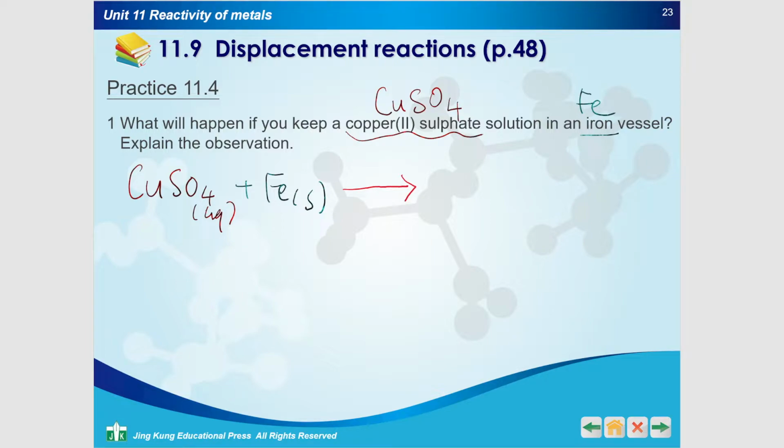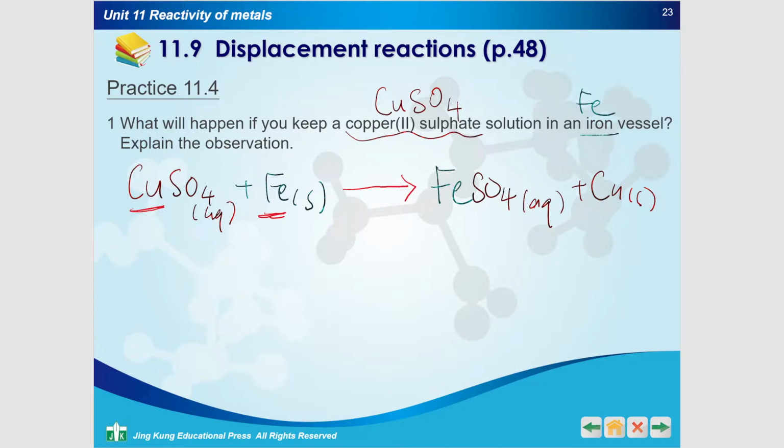Or I could just say it's more reactive than copper. So it will undergo a displacement reaction, taking the sulfate ion, and the copper is left behind. So plus copper.